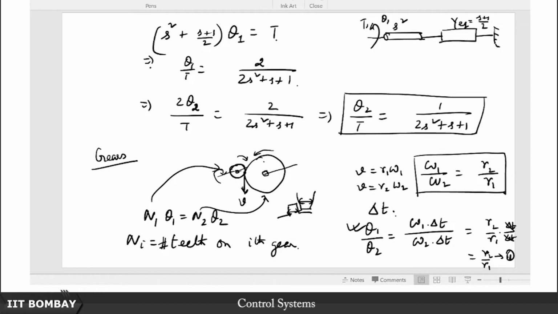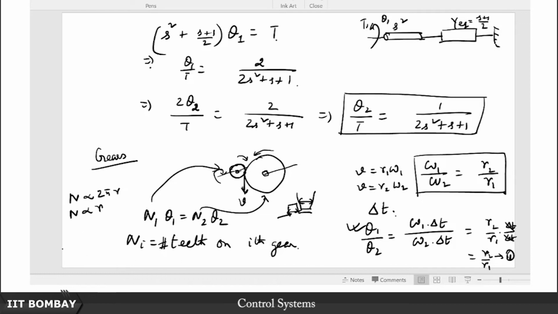In that case, the one with the larger circumference will accommodate a greater number of teeth. Why? Because if you have n number of teeth, then n times the individual tooth width is equal to the total circumference. So we have that n is proportional to 2 pi r, right. So therefore n is also proportional to r.